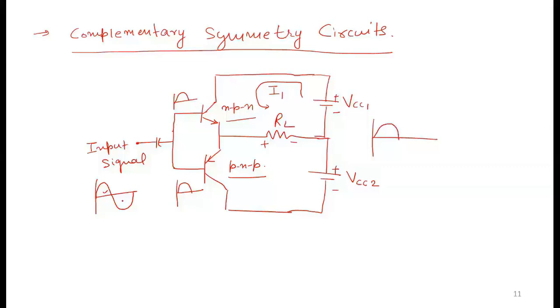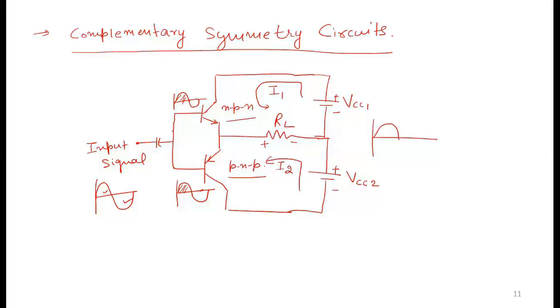During the negative cycle of the input signal, we will receive the negative cycle at the base of both transistors. So during the negative half cycle, the NPN transistor will be off and the PNP transistor will be on. Hence, the current I2 will flow in the reverse direction.